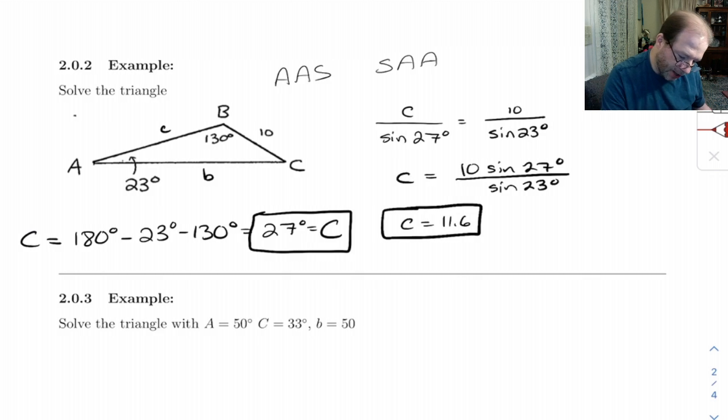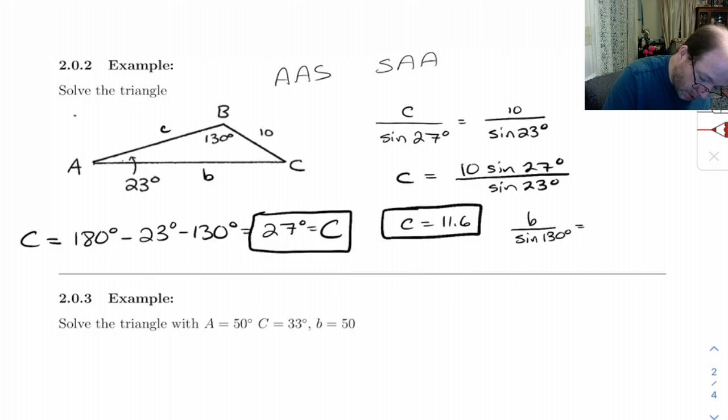And the last thing to figure out is little b. Little b over sine B. What is B? B is 130 degrees, equals 10 over sine 23. I'm going to be lazy and just cross multiply this over there.